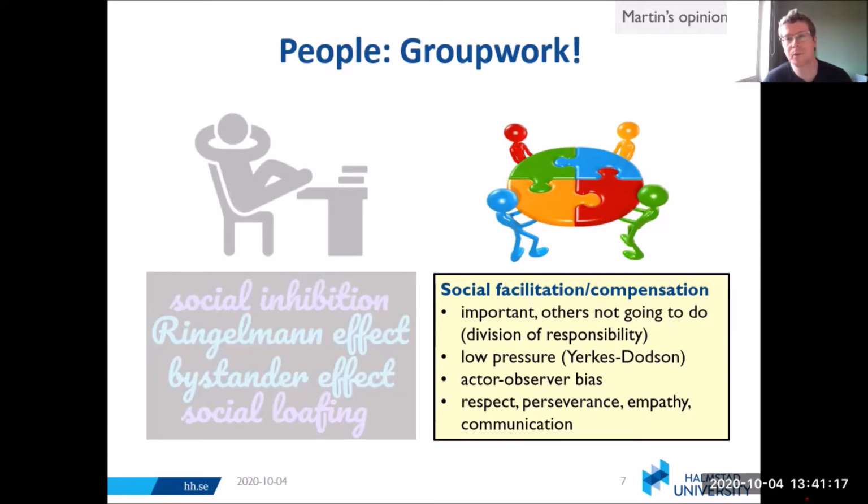Empathy, of course, is important to be able to see from another person's perspective, to try to understand what exactly they want, and why they maybe want something. Communication: I've seen in some of my previous students that they often don't see other people in their groups when they're working on their projects.